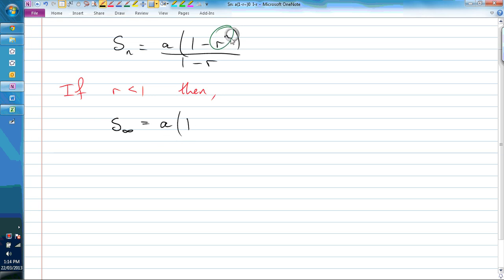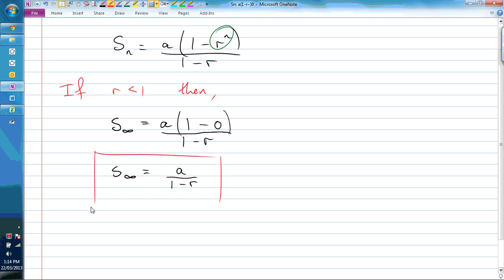So r to the n becomes basically 0 as n approaches infinity. This becomes 1 minus 0. So my formula turns into 1 minus 0 is 1. I'm just going to get a on 1 minus r. And this is going to be my sum to infinity formula.